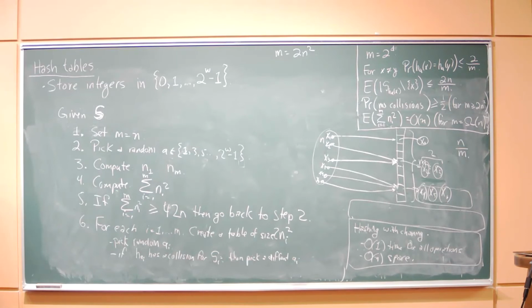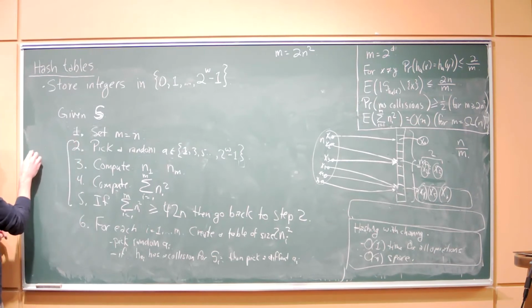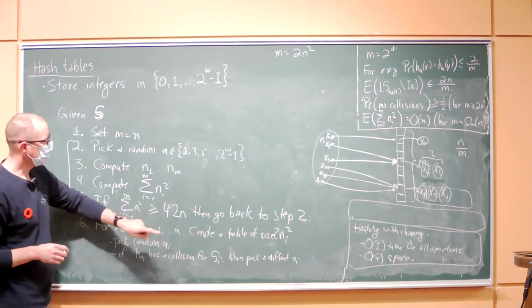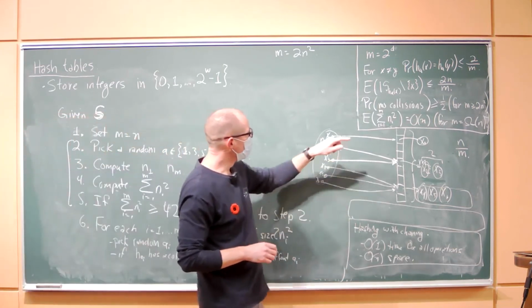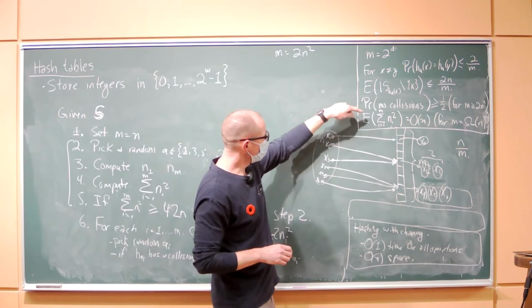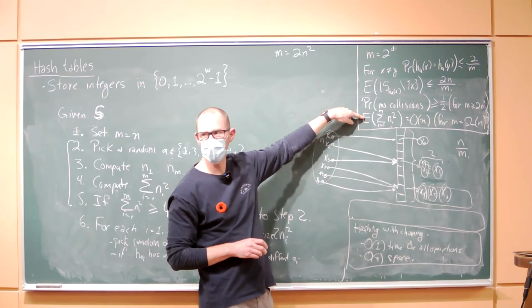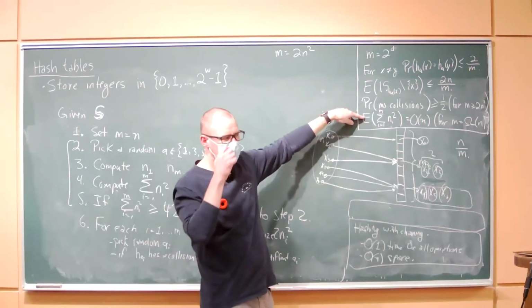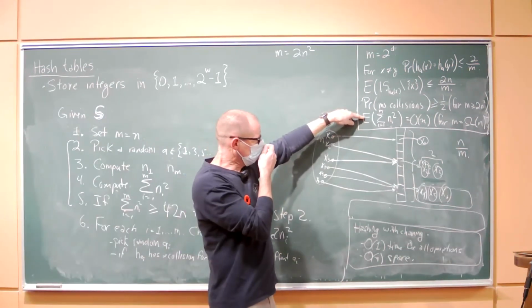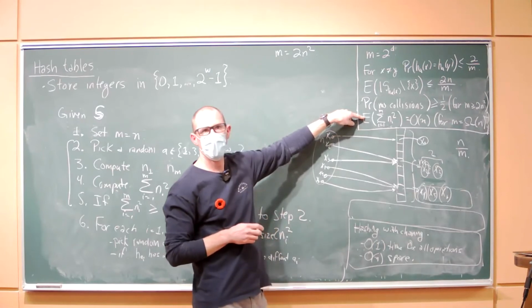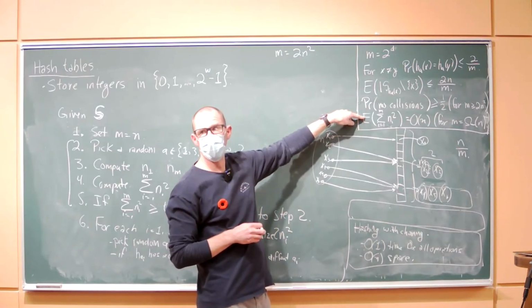So from step 5 to step 2. All right, it's gone now, but we had actually given a precise upper bound on this sum of these ni squared, right? It was n plus n squared over m.